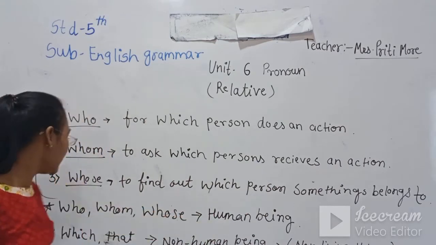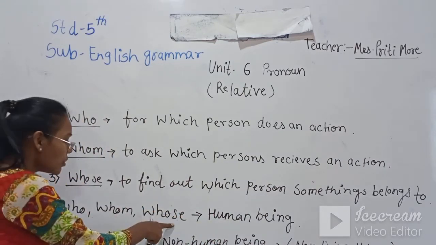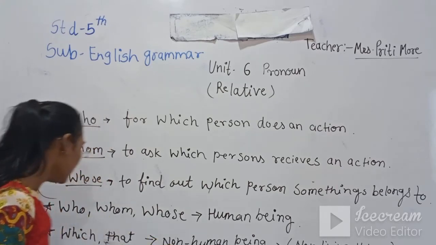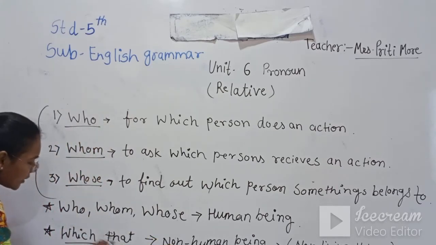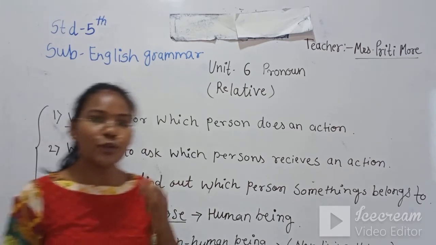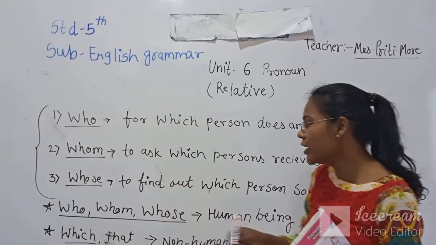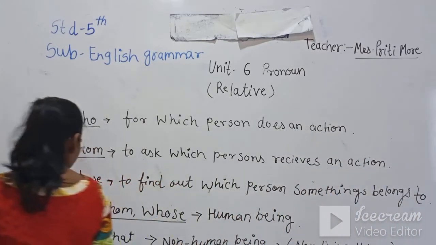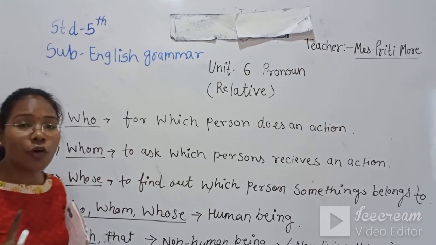Right? For human being we use who, whom, whose. And for non-living thing, non-human being, we use which and that. So in the sentences, some exercise is there, so you will get the difference between who, whom, whose and which and that. Which and that we can use for the non-living thing.